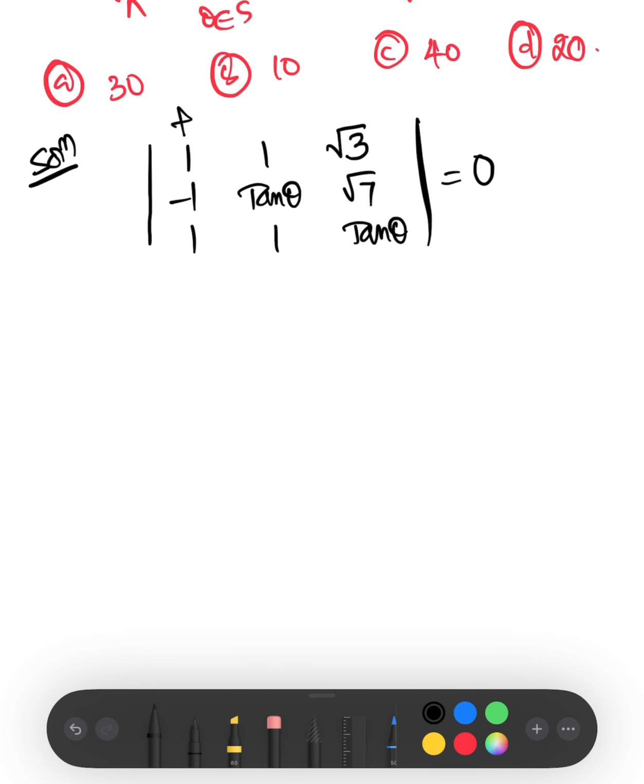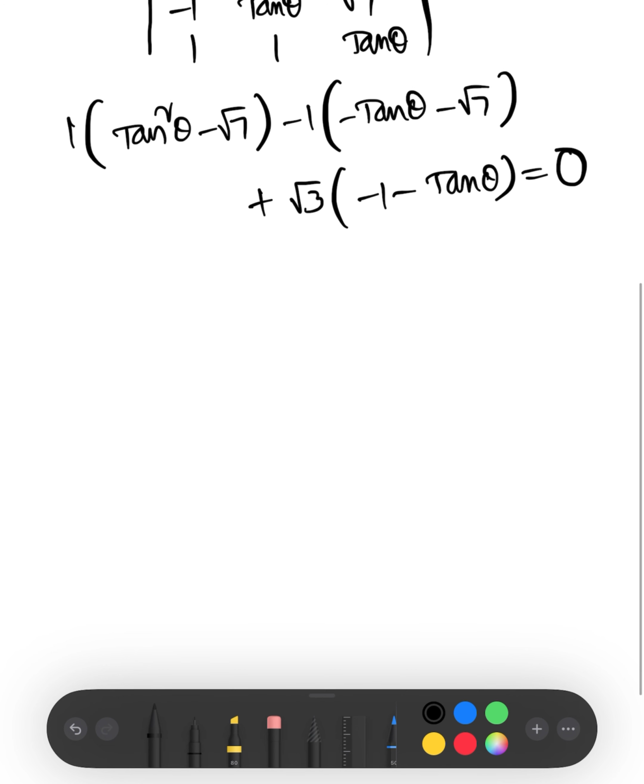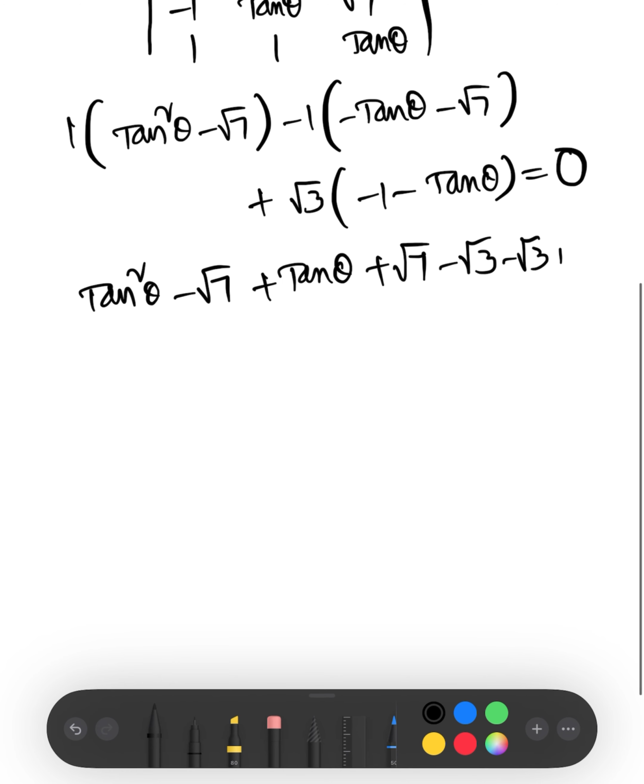Now plus, minus, plus: 1 into tan square theta minus root 7, minus 1 into minus tan theta minus root 7, plus root 3 into minus 1 minus tan theta equal to 0. So tan square theta minus root 7 plus tan theta plus root 7 minus root 3 minus root 3 tan theta equal to 0. Root 7 minus root 7 gets cancelled.